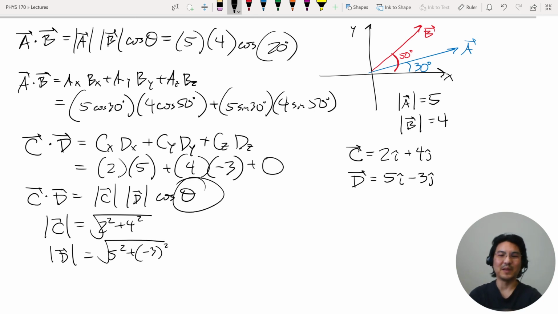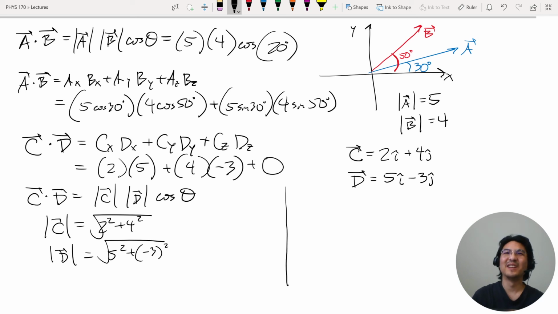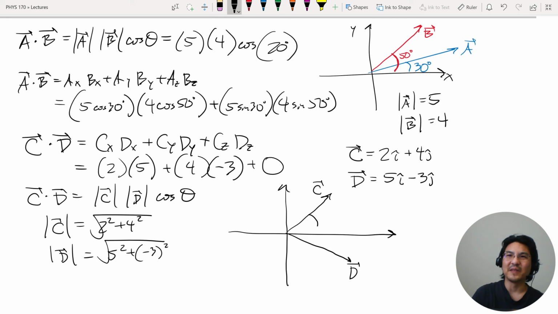The angle between them. C is 2, 4, so kind of like this, and then D is 5, -3, so more like this. So this angle here, I'll call it theta C, would be arctangent of 4/2. That's not so bad, right?